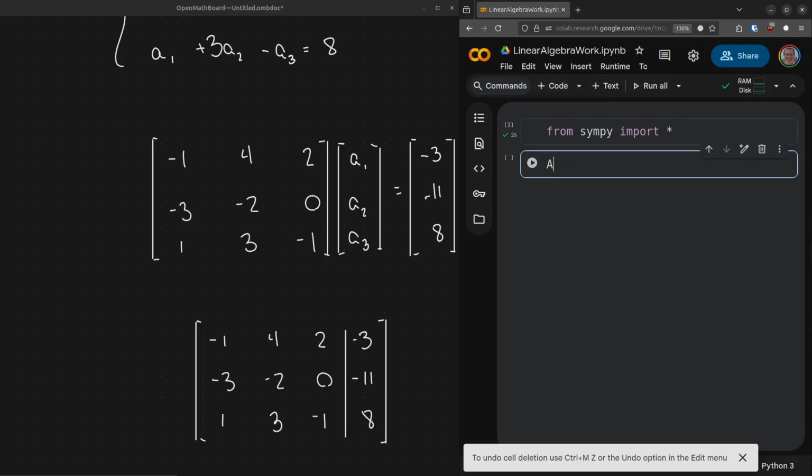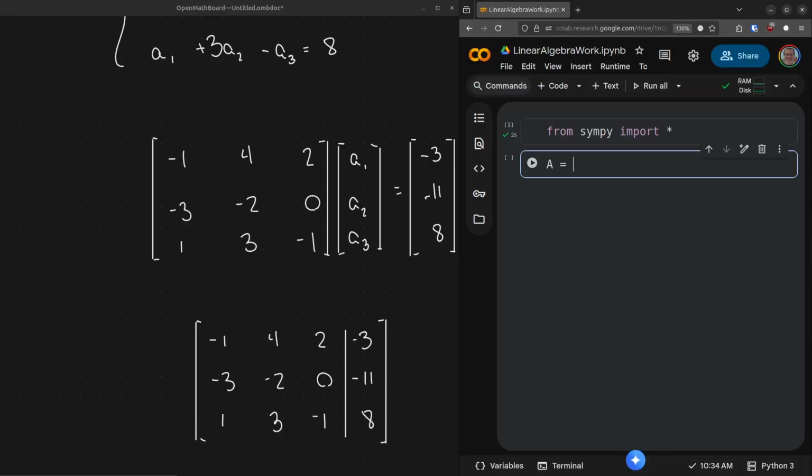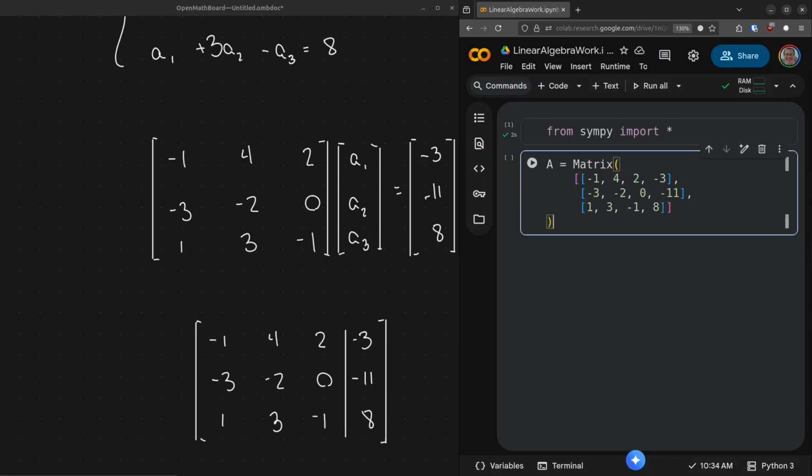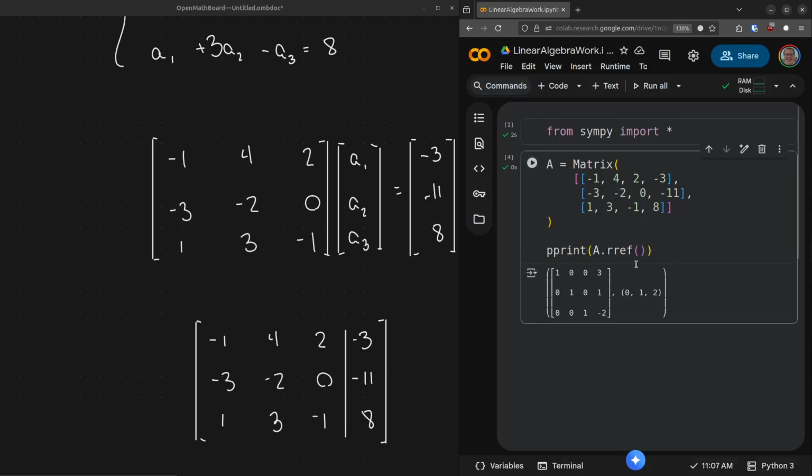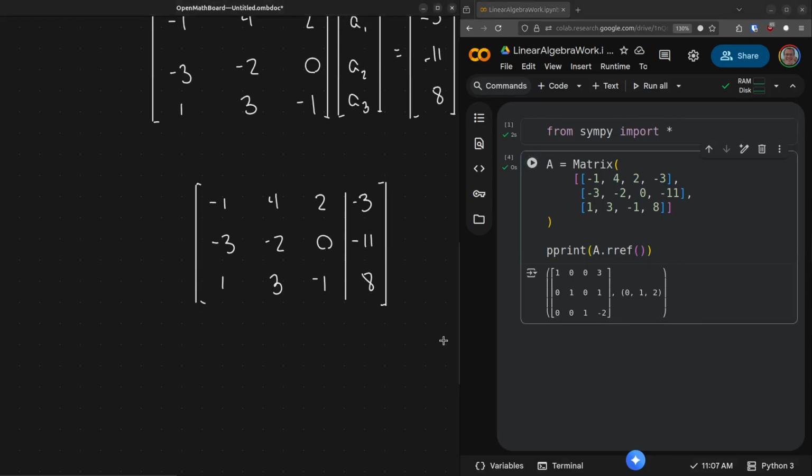Okay, so I have my matrix. First row is negative 1, 4, 2, negative 3. Second row is negative 3, negative 2, 0, negative 11. Third row is 1, 3, negative 1, 8. Okay, and so I get my matrix in reduced row echelon form.